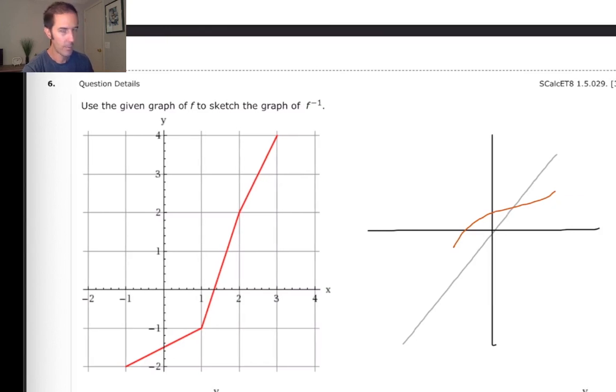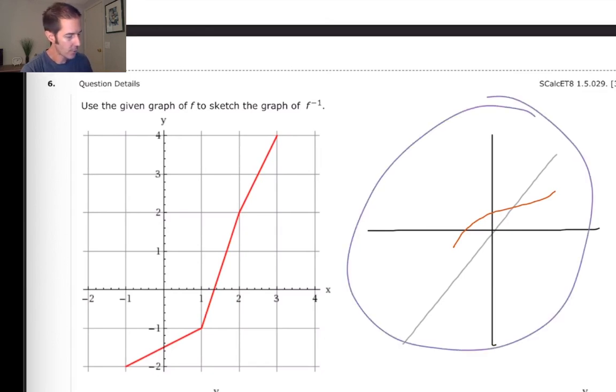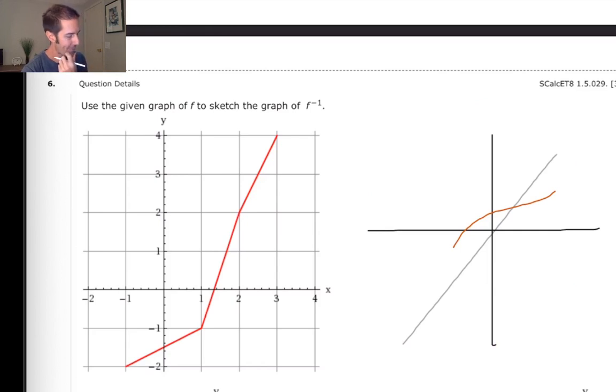So here, before I started the video, I just came down here and drew a quick little sketch of a sample graph so that we're not working out the graph that is actually problem number 6.